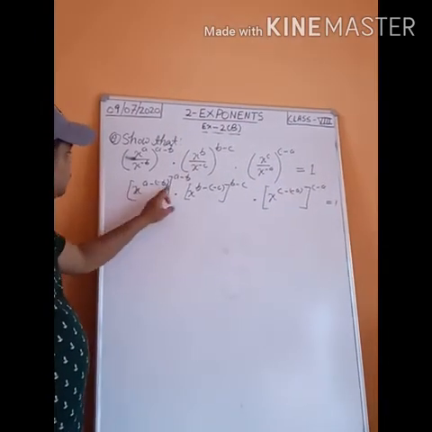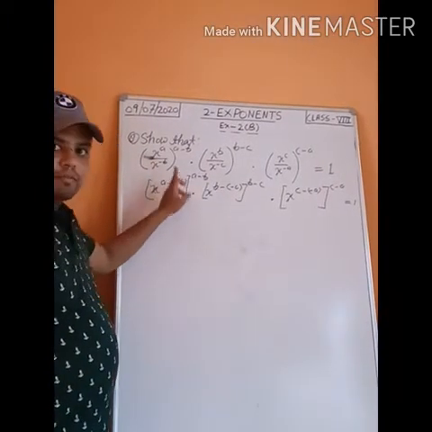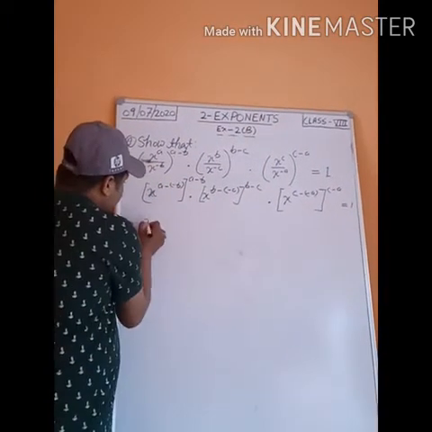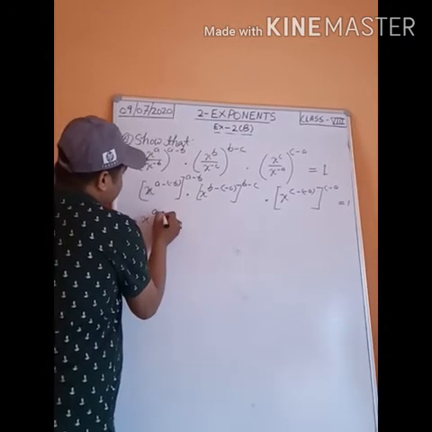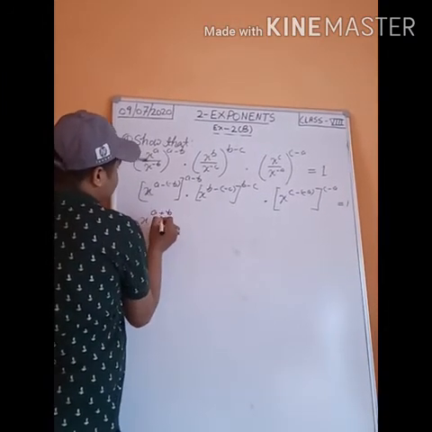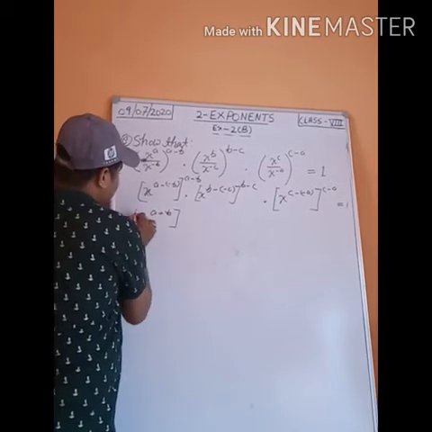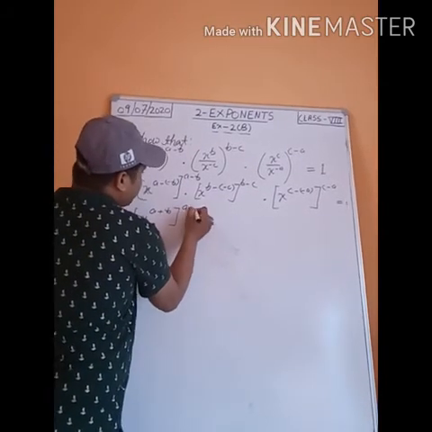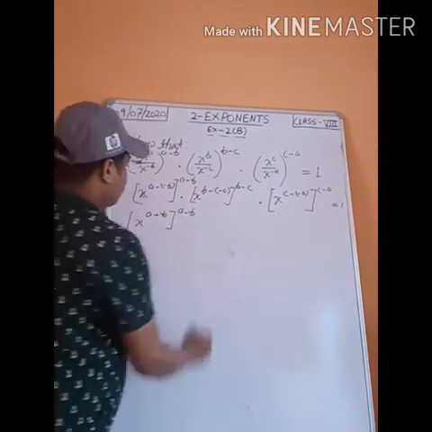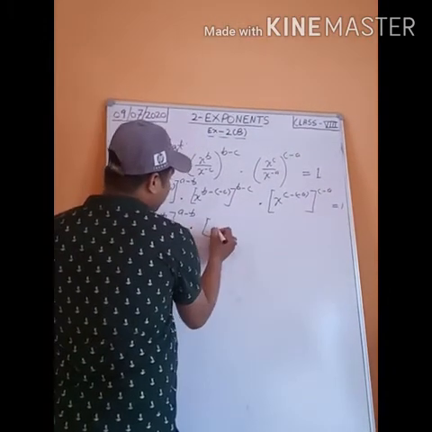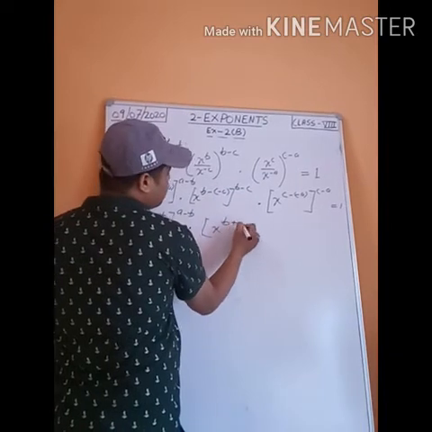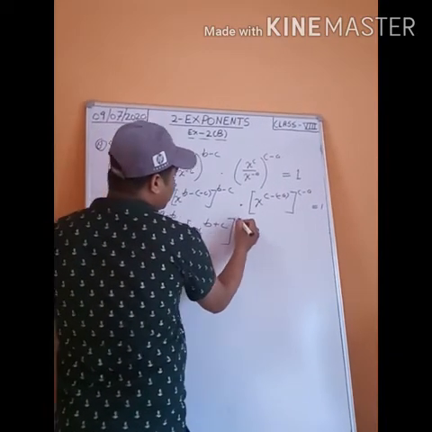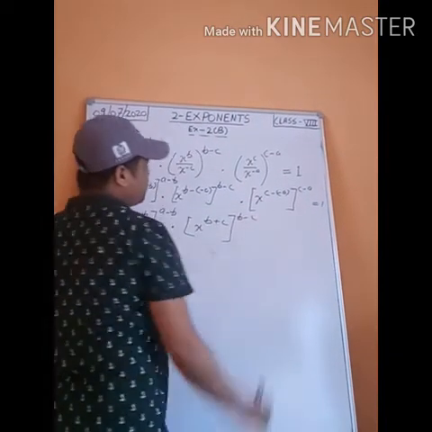Now we will solve this power bracket. So x raised to the power a minus minus, plus b, then a minus b. Once again multiply x raised to the power b minus minus, plus c, then whole power b minus c.